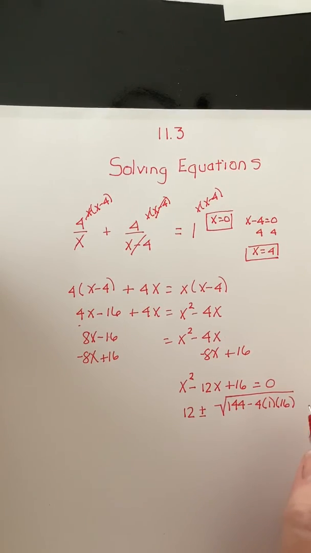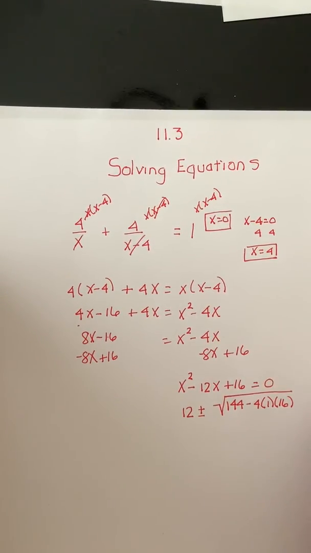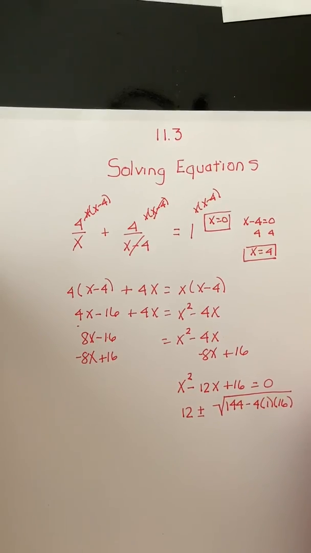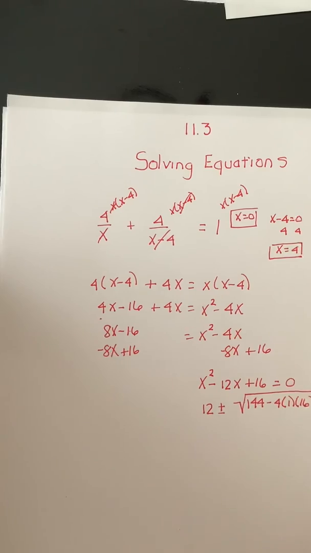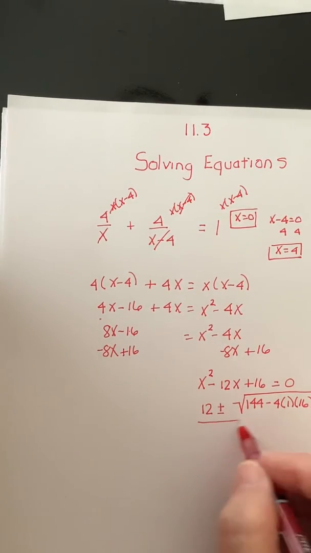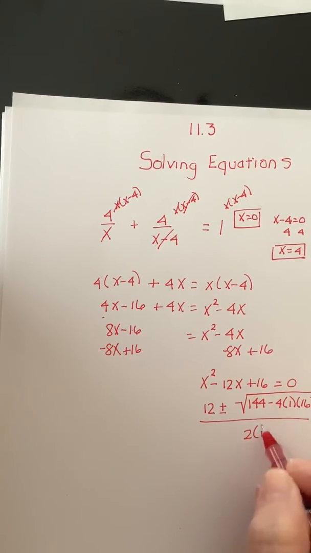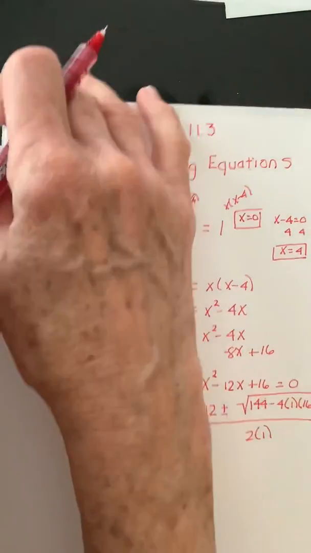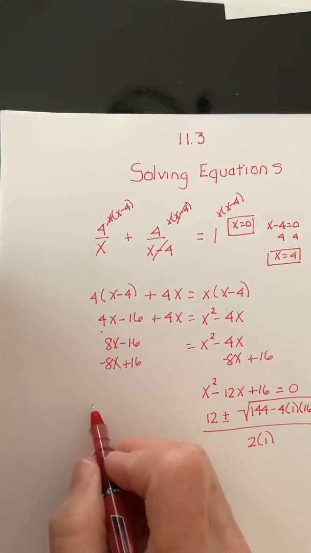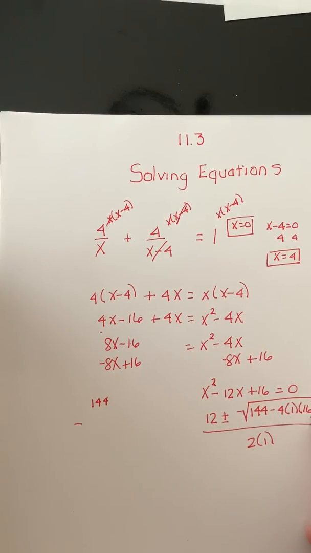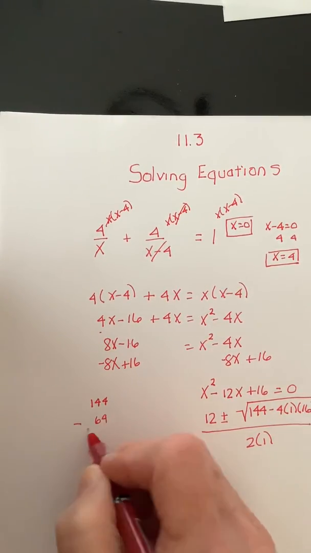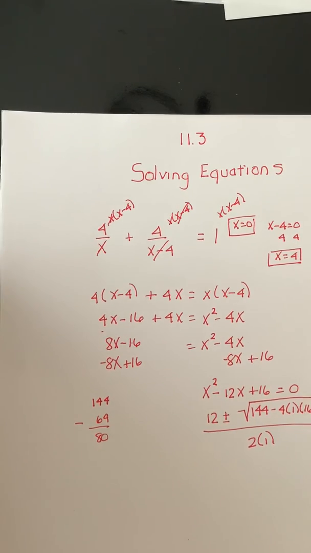All over 2a. Sorry, kind of got distracted, worried because I forgot to bring my calculator over. I'm trying to show scratch work, but you can't even see what I'm doing. So we have 144 minus 4 times 16 is 64. So that's 80. Okay, we can do this.